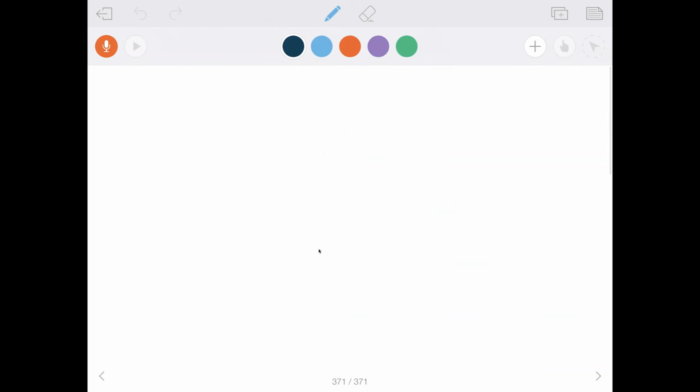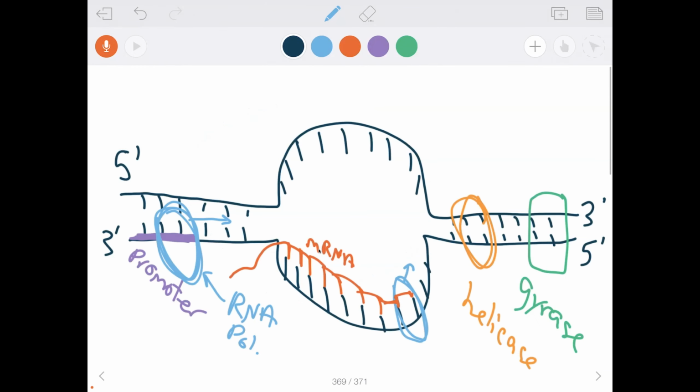So, now, once we have this mRNA strand being built, at some point, the polymerase is going to hit what we call the terminator region, which tells it where the end of transcription should occur.